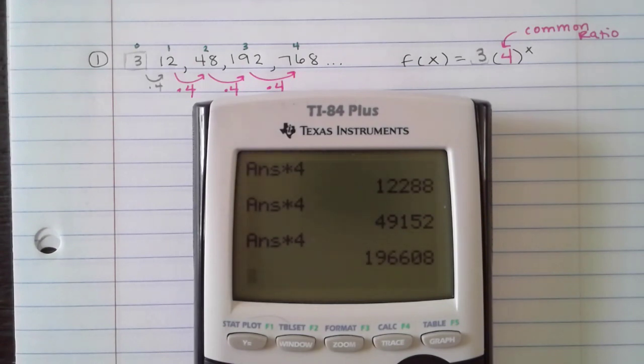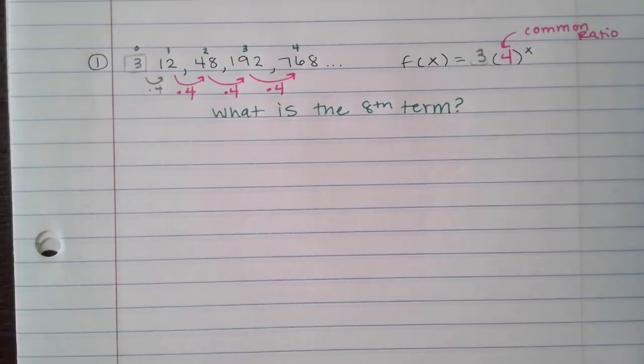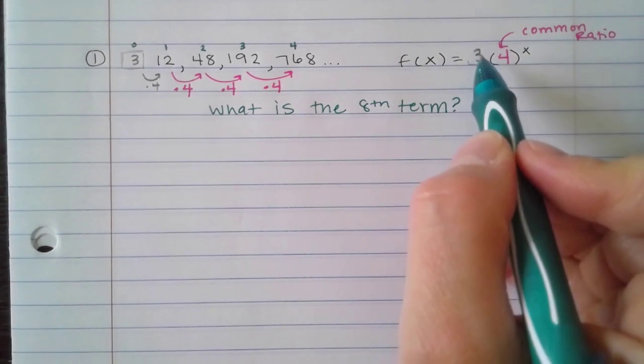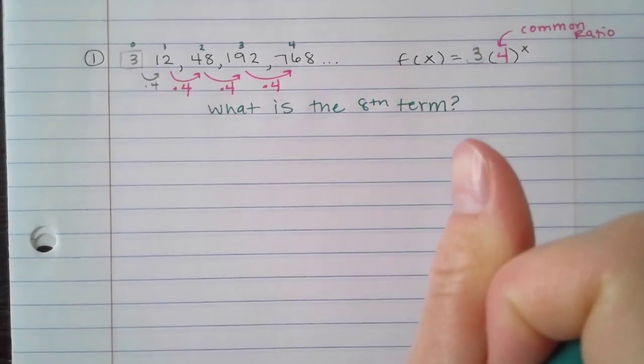I could do that, but what if I asked you for like the 100th term? You wouldn't want to do this like 100 times, right? You want to be able to look at this function and easily find out what the 8th term is.